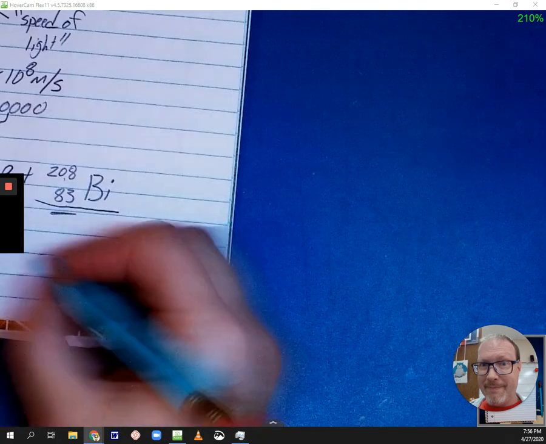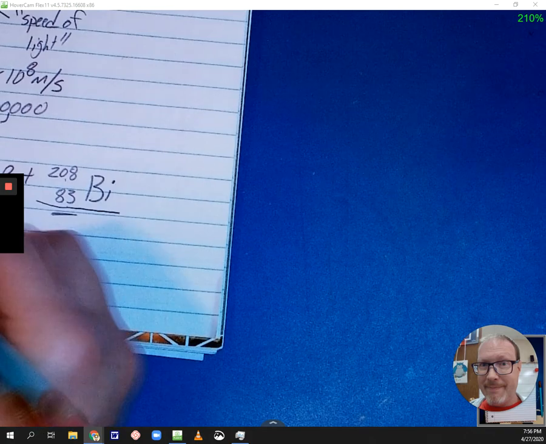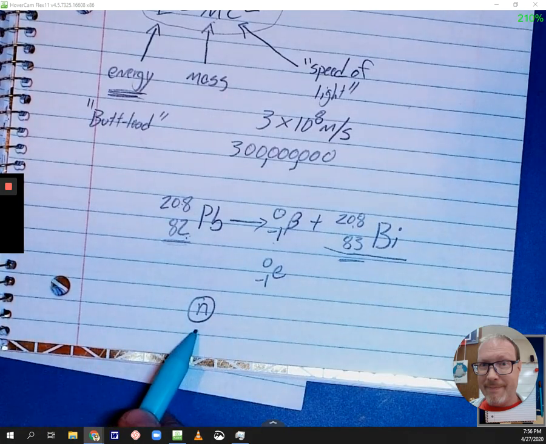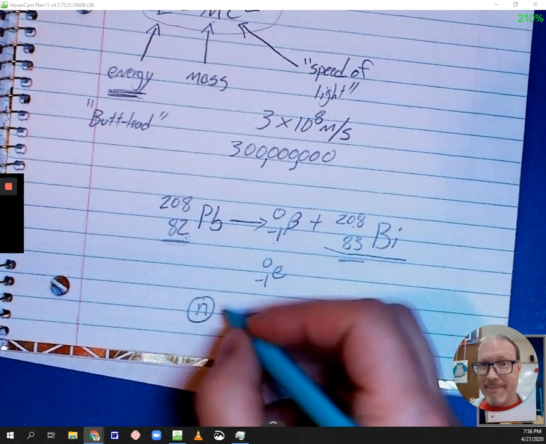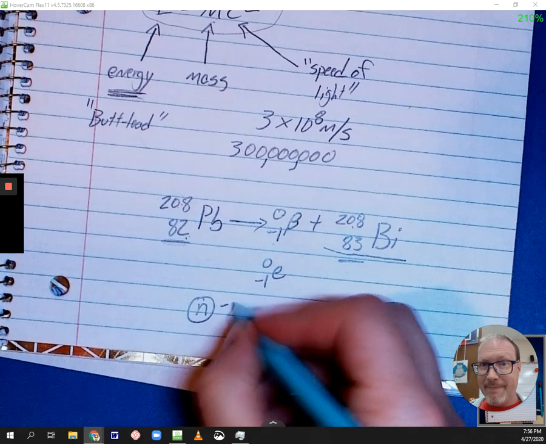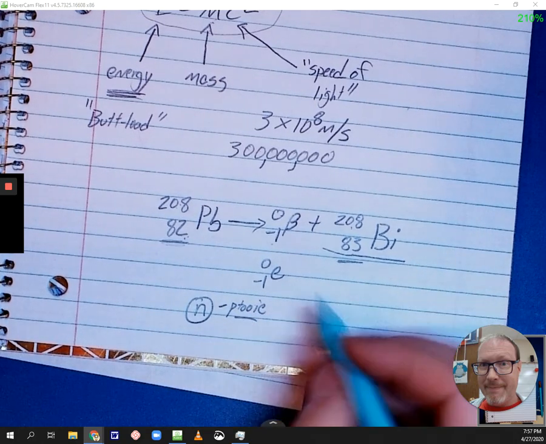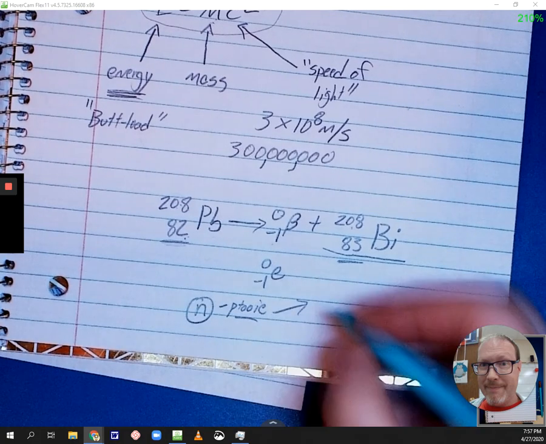Somewhere inside of this nucleus, there was a neutron, okay? And this neutron was just sitting there chilling, minding his own business, having a charge of 0. And this neutron goes patooey, like that. And what he is patooing out is an electron.